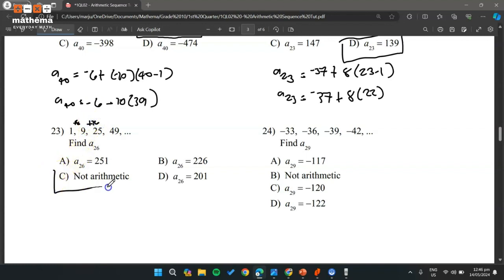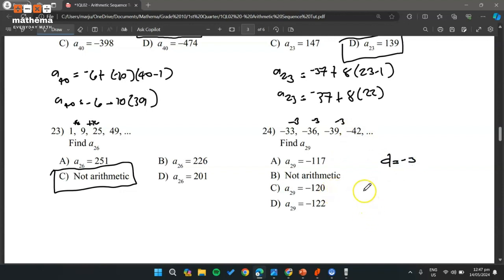So again, not arithmetic. Number 24, the last number: we have negative 33, negative 36, negative 39, negative 42. A common difference is what? A negative 3, right? And then of course a negative 3. So this is arithmetic with a common difference of negative 3.